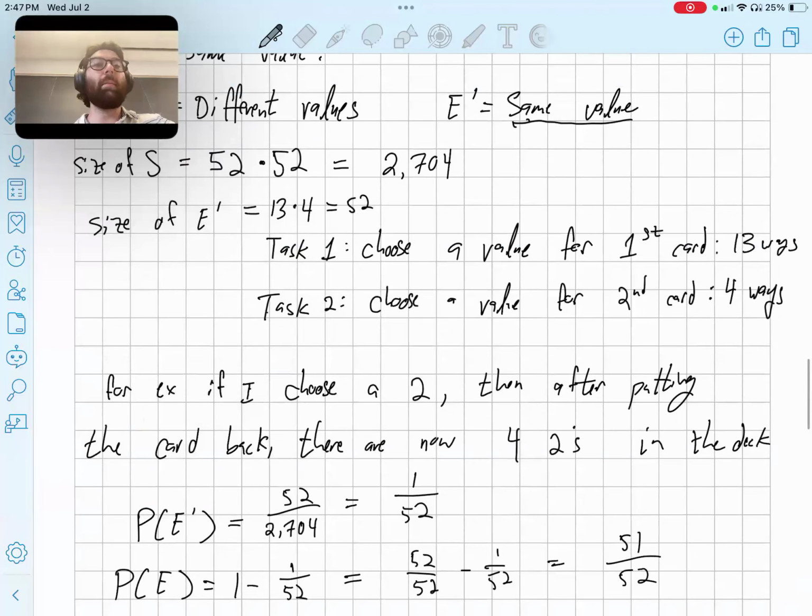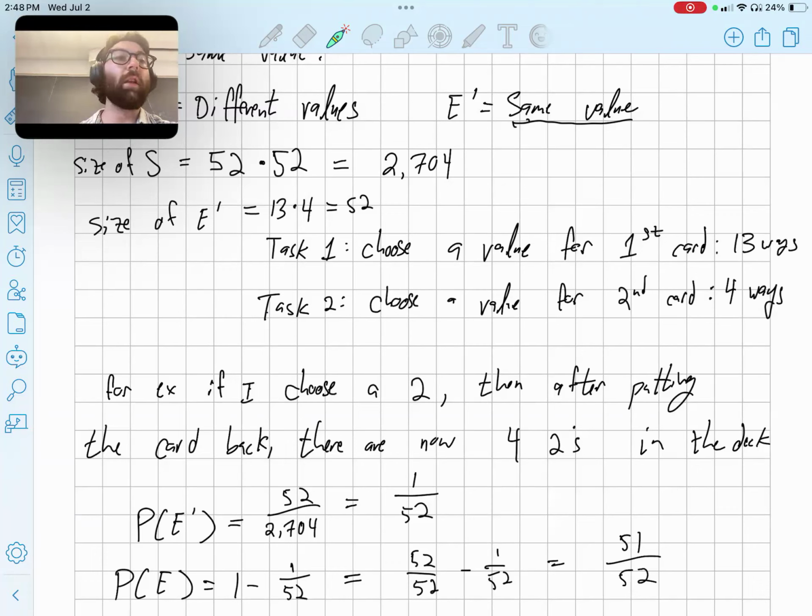And again, this part might have been confusing, so let me just recap it one more time. There's 13 different values in the deck: ace, 2, 3, 4, 5, 6, 7, 8, 9, 10, jack, queen, king. They're each equally likely to be chosen. So there's 13 ways to choose that. Now, for your second card pick, again, you've replaced that card. You've taken it out, saw the value, you put it back and reshuffle. For your second pick, you need to make sure to get the same value, but it could be any suit.